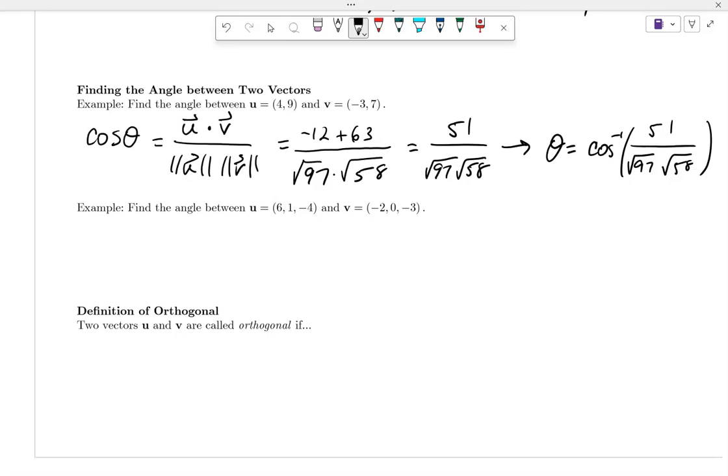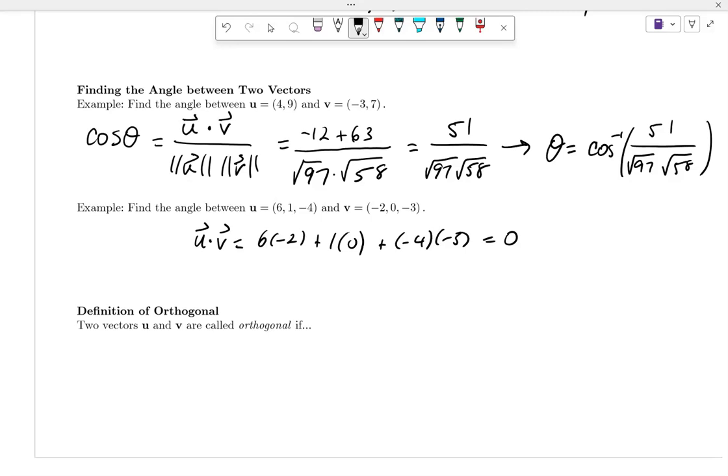All right. Let's start this one by just taking the dot product to begin with. What is the dot product of these two vectors? It's going to be 0, right? Because you get 6 times negative 2 plus 1 times 0 plus negative 4 times negative 3. You really do get 0.